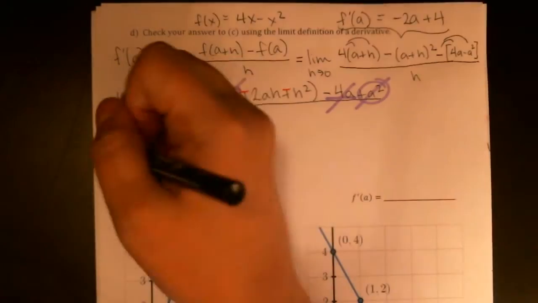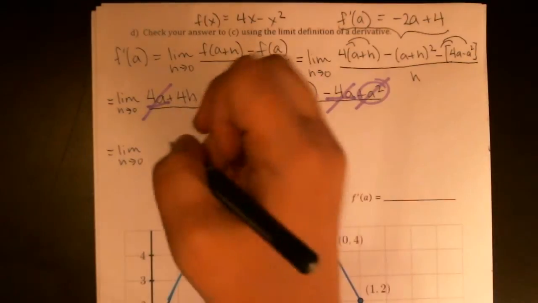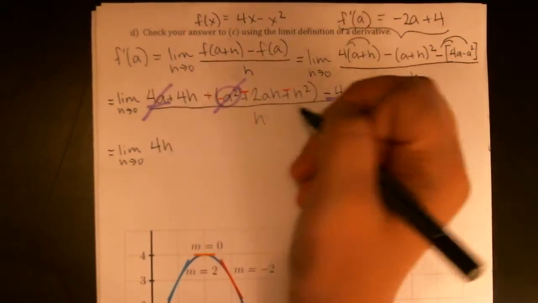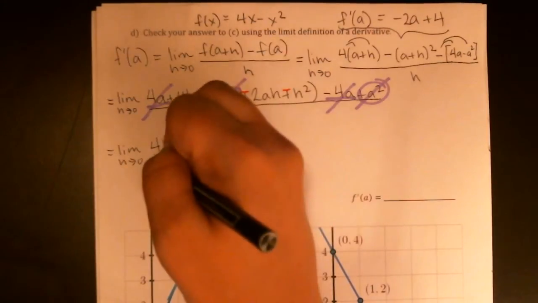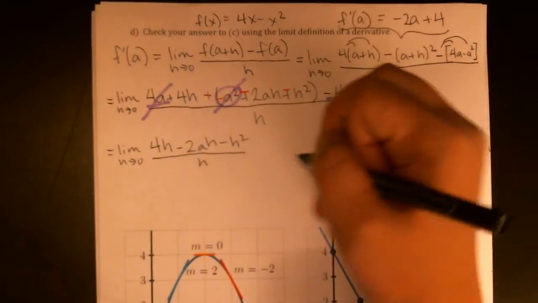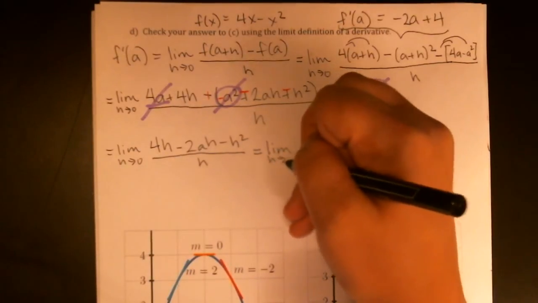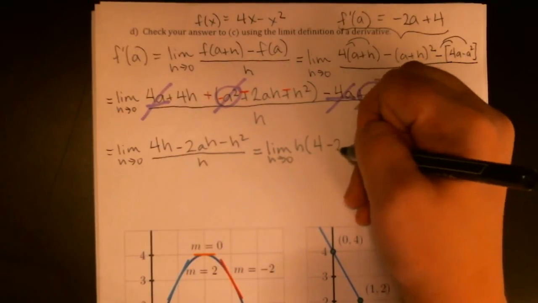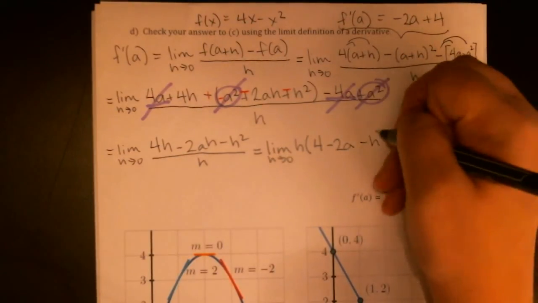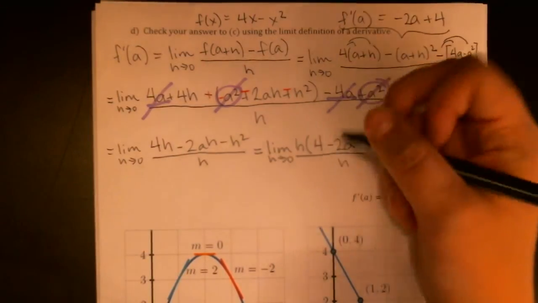So I have the limit as h approaches 0 of 4h minus 2ah minus h squared all over h, which as we factor an h out will allow us to cancel. So that's rather perfect. And there's some familiar things starting to show up.